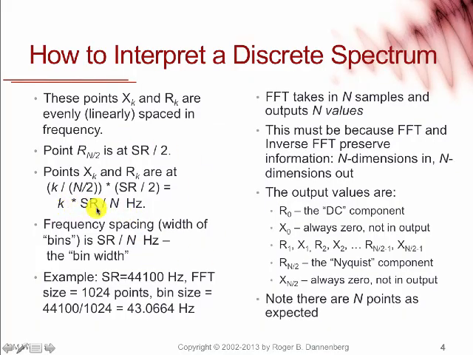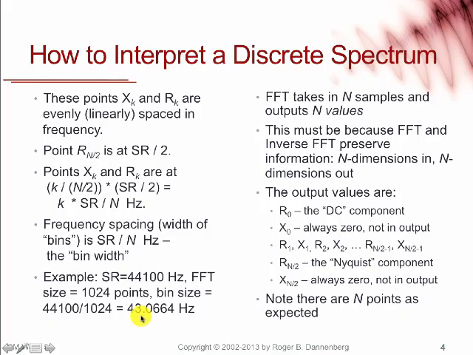The kth coefficient corresponds to an analysis of the frequency k times sample rate over n. So for example, if we have a 44 kilohertz signal and we're doing a 1024 point FFT, then the bin width, or the spacing between these coefficients, which are called bins, is 44 kilohertz divided by 1024, or 43 hertz.